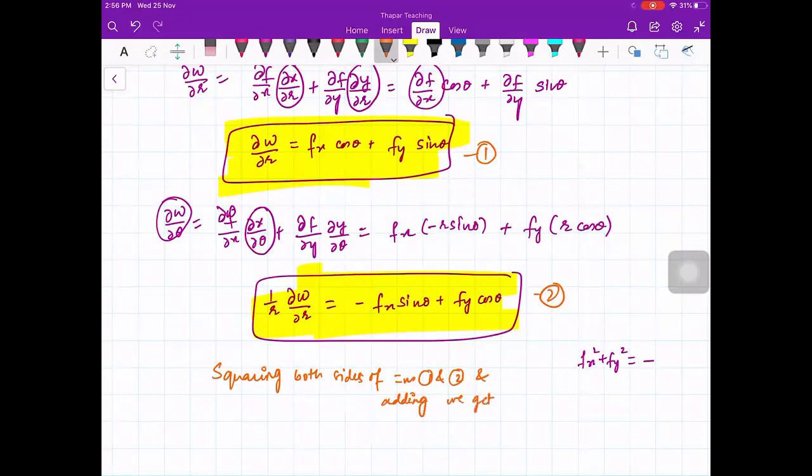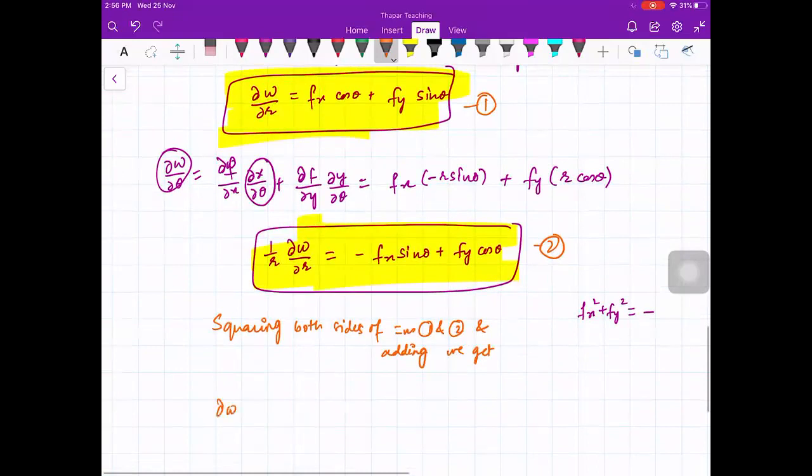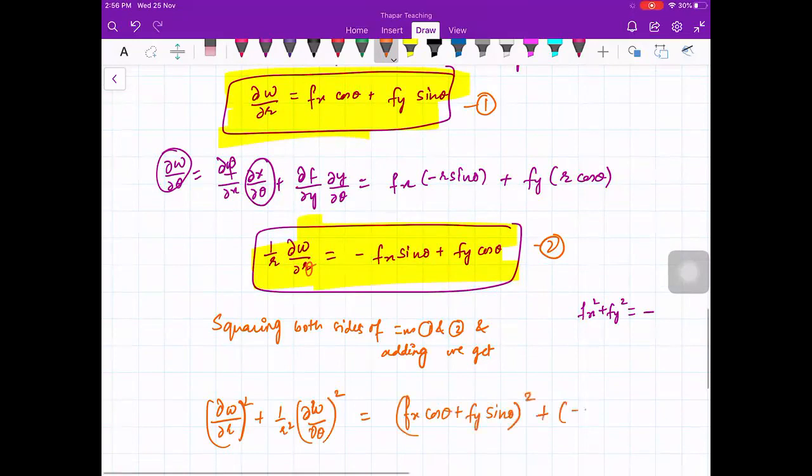we get (∂W/∂R) square plus 1 by R square (∂W/∂θ) square is equal to, right hand side you will have (Fx cos theta plus Fy sin theta) square plus (minus Fx sin theta plus Fy cos theta) square.